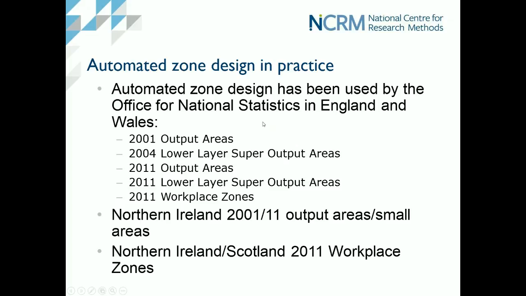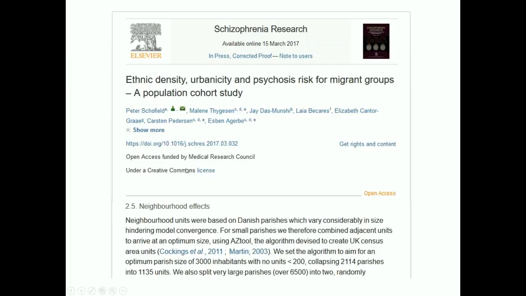So the Office for National Statistics and the NISRA and NRS have used this approach for those standard zonations, which means that if you're looking at them, you will be able to see that they are a result of the process which we've just been describing.